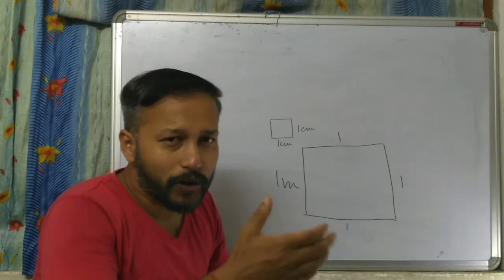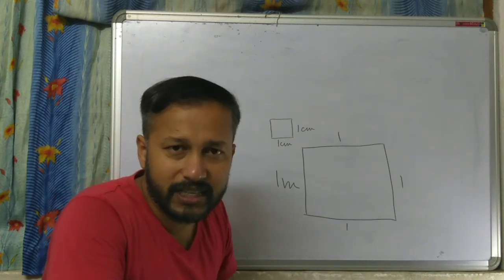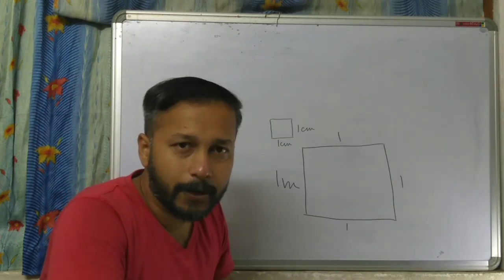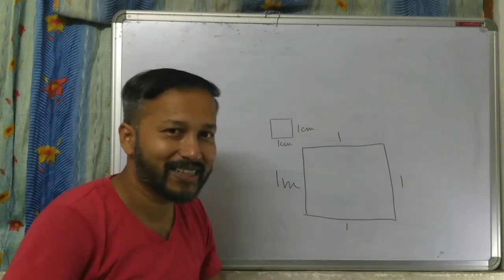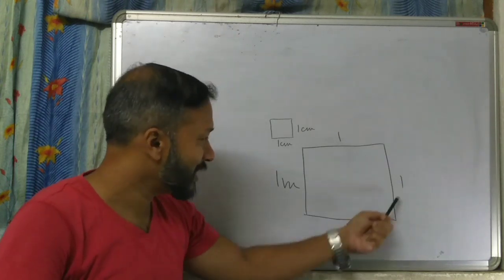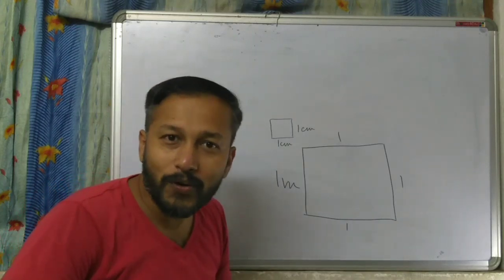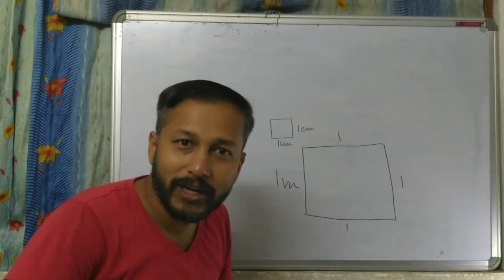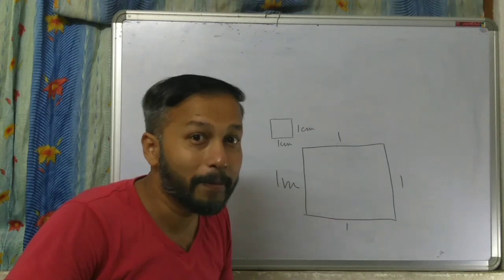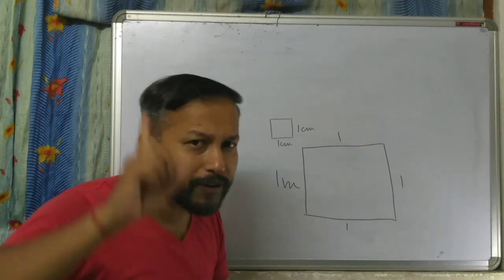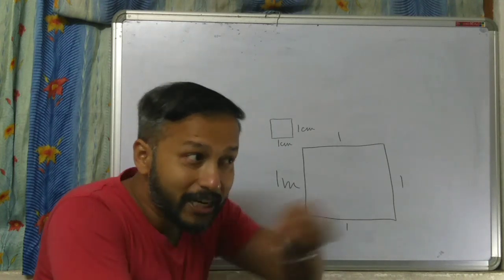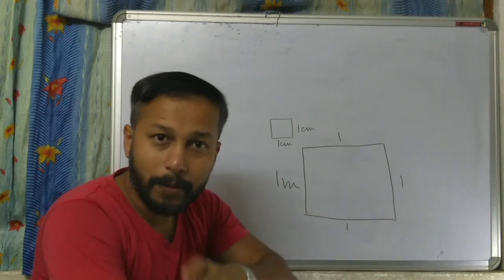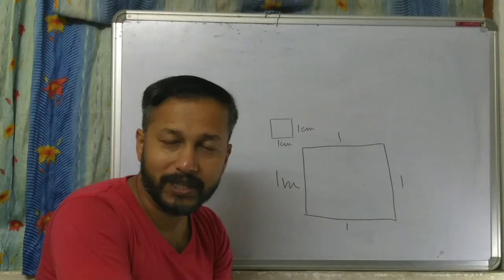Understood? So the definition of pressure is very simple. We will say that the amount of force applied per unit area is called pressure. What we discussed about force? Force is the pushing or pulling on an object, means you are applying force on that object.